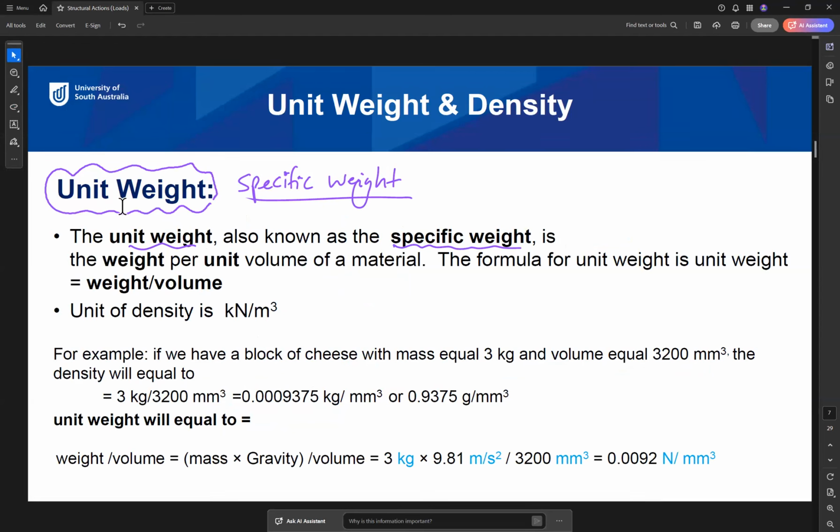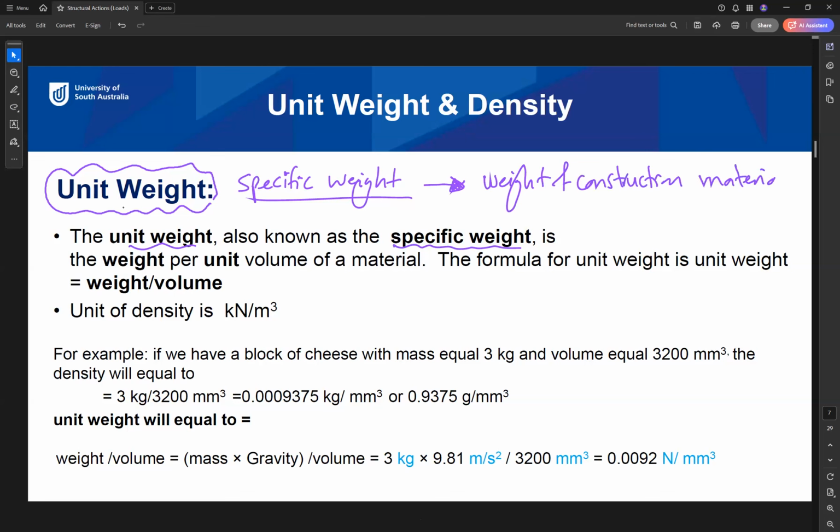We need this value because it will give us the weight of the construction material, from tables A1 and A2 of the Australian Standard AS 1170.1. All the properties of the material, or the weight of the material, are given as specific weight or unit weight. So the specific weight or the unit weight is the weight per unit volume of the material.